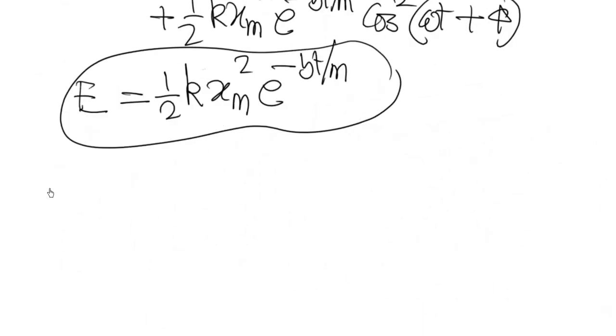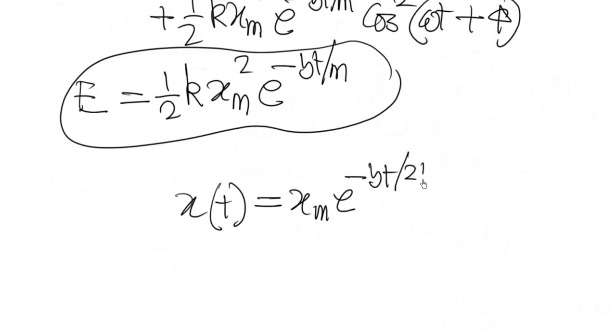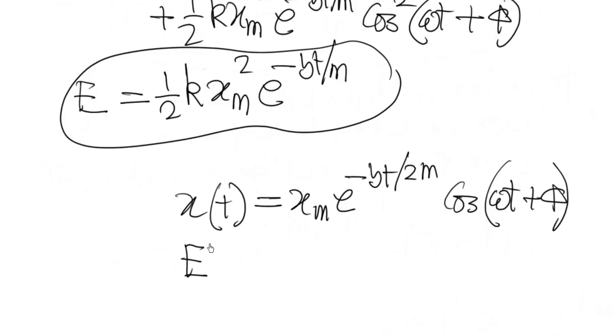Now if we recall, we had x as a function of time t, which was x_m e to the power minus bt by 2m, and it was cos(omega t plus phi), and we have total mechanical energy.